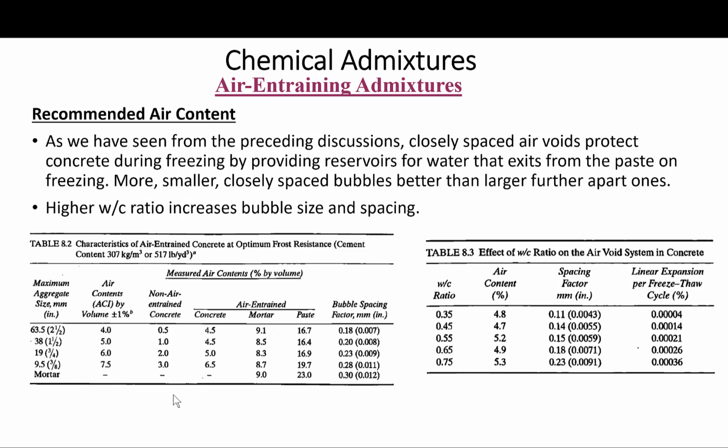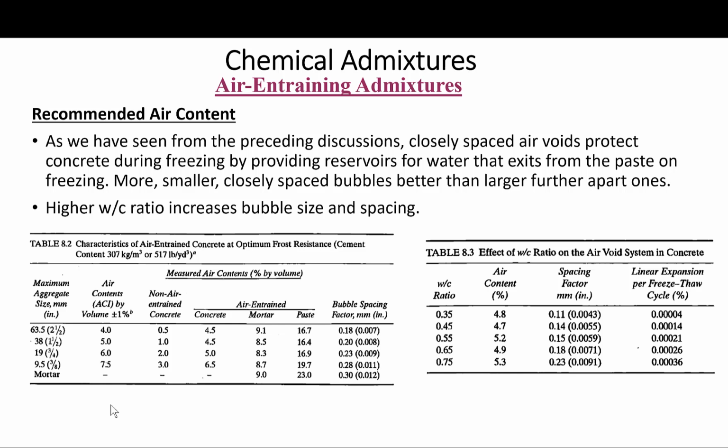For low slump concretes, basically below 25 millimeter slump, with low water cement ratios and high cement contents, air contents can be safely reduced below the recommended amounts. A suitable air void system can generally still be achieved in such concretes by using the same dose that would be required to attain a recommended air content in this table at a higher slump, in the range of 85 to 100 millimeter.